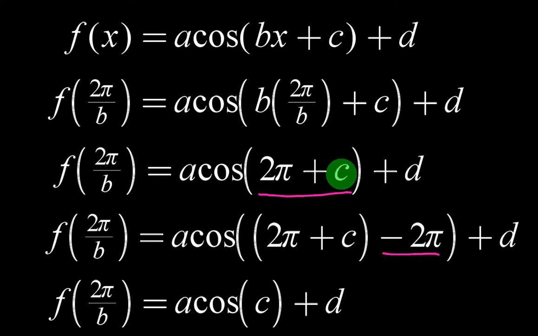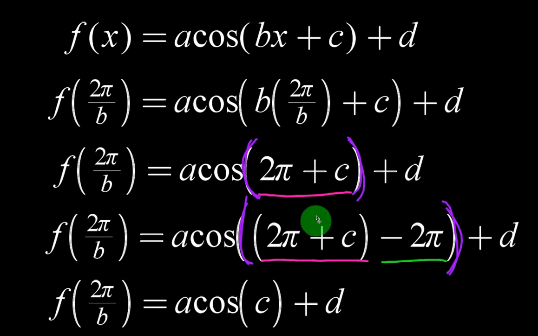So basically I can replace this with this. We'll keep 2 pi plus c as our angle, but if we subtract 2 pi, we end up at the exact same angle, no matter what 2 pi plus c is. Say c is pi, then it's 3 pi.